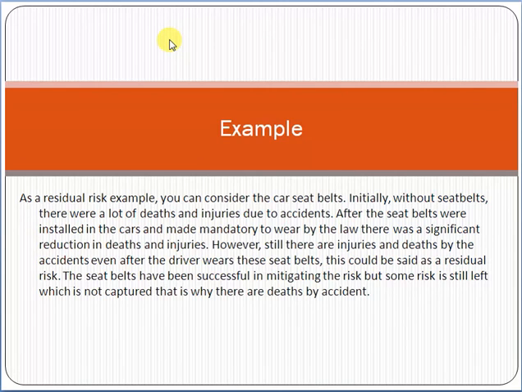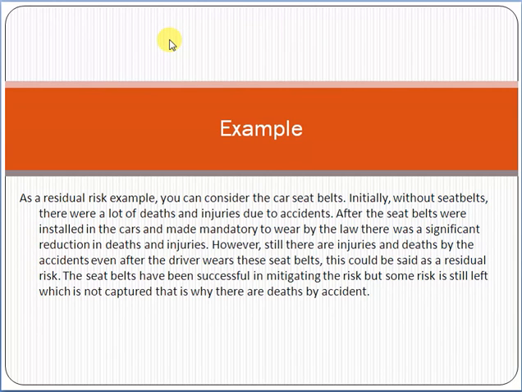So this is called the residual risk. Why? Because there is still a risk that if an accident occurs, casualties can occur. However, after installing and using the seat belt in the car, safety precautions are increased and death rates are decreased.